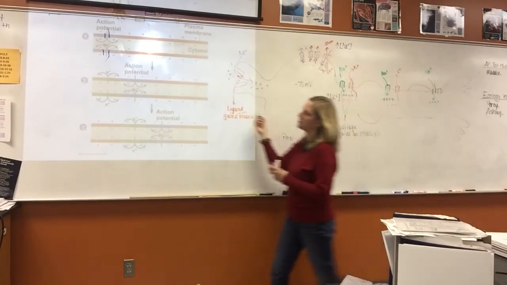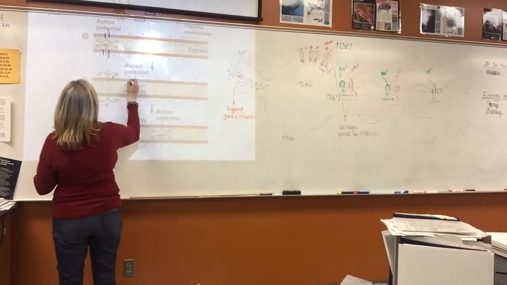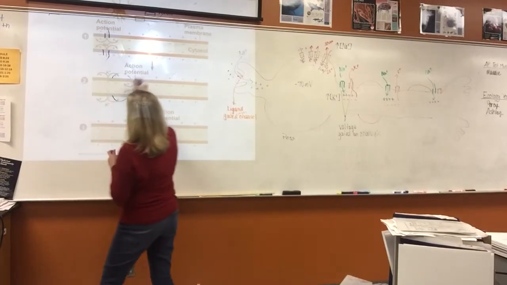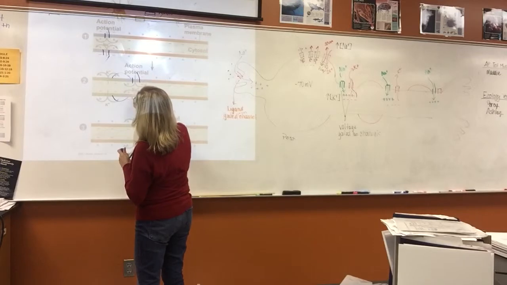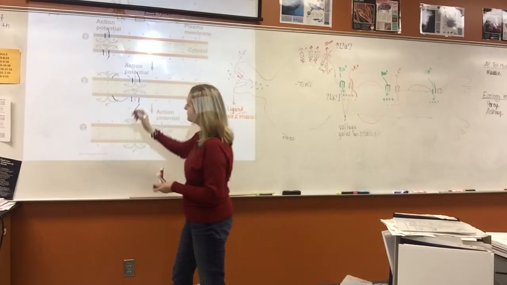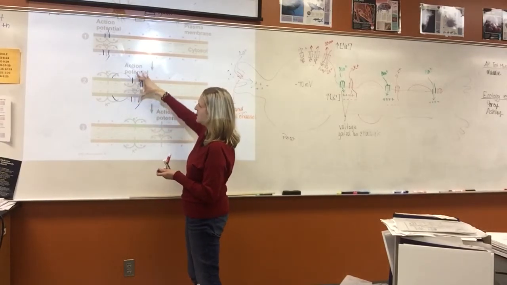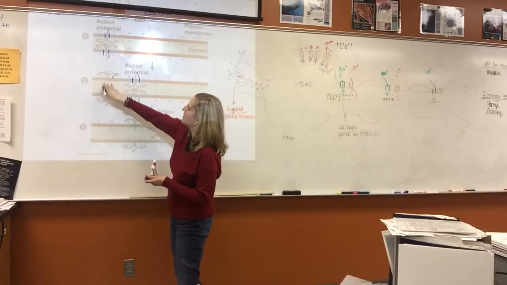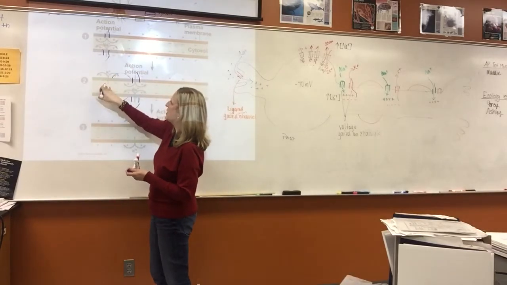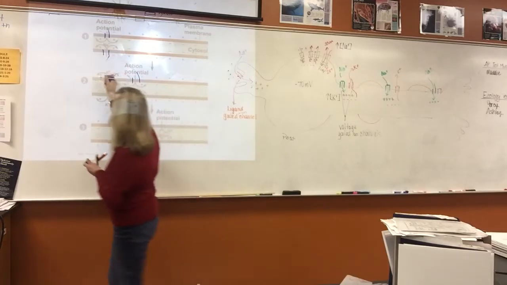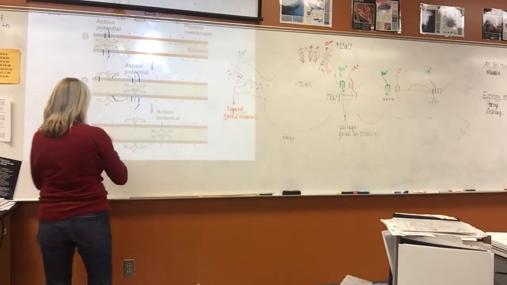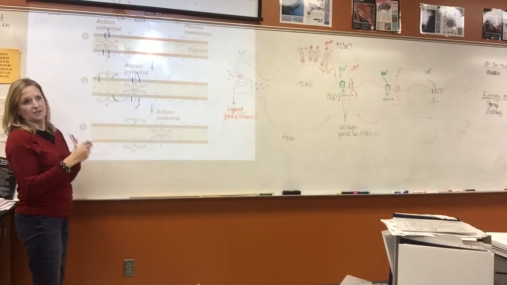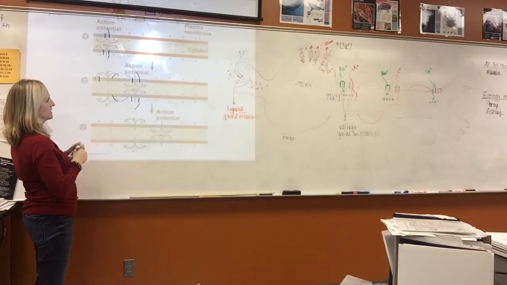What they're not showing you is that there would be Schwann cells here with the myelin. So these are the sodium gates at the next node. While sodium is coming in and depolarizing the cell at this node, at the previous node the sodium gates are shut and the potassium gates are open, and potassium is leaving.